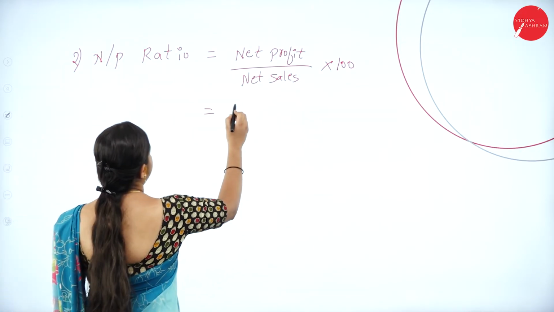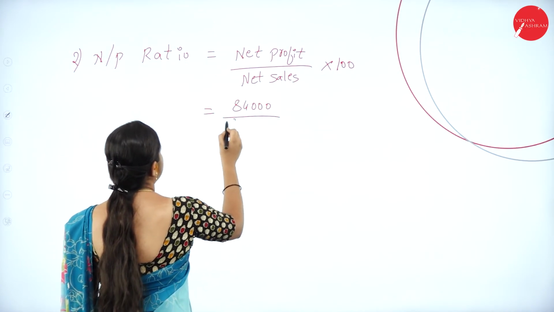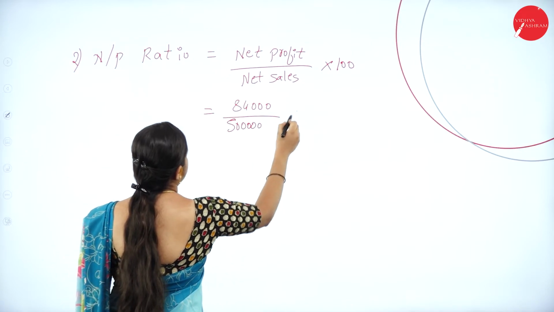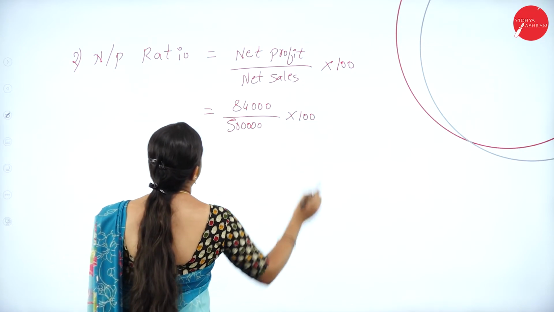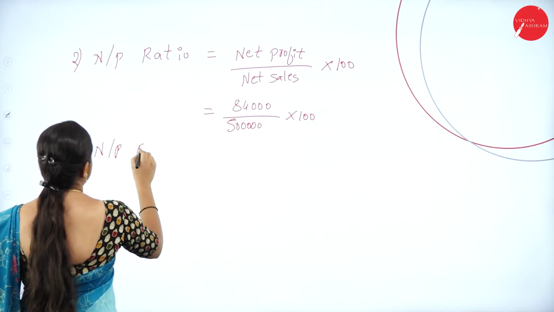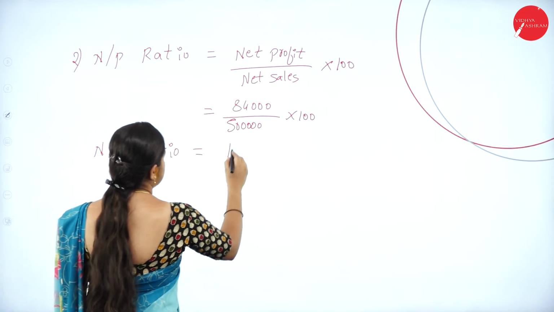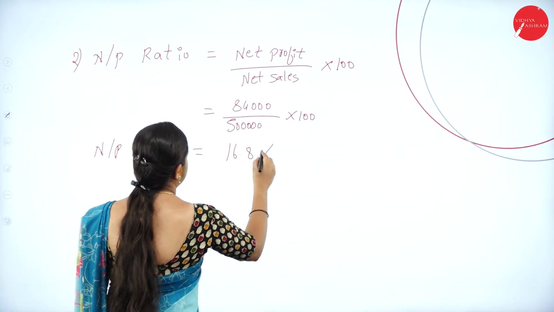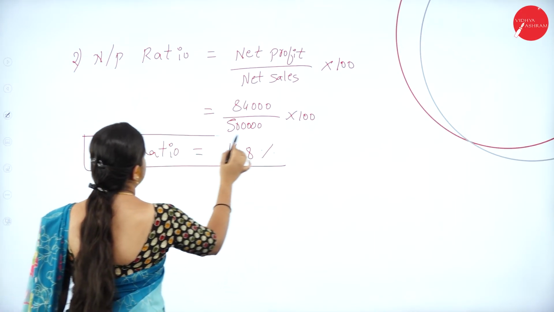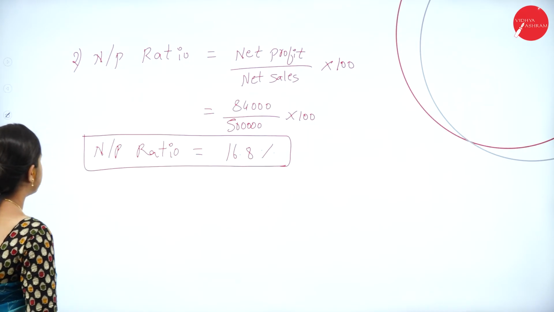Just write net profit 84,000 divided by net sales, that is 5 lakh into 100. Now the net profit ratio is 16.8%. 16.8% is net profit ratio.